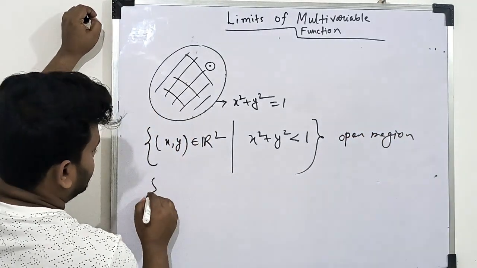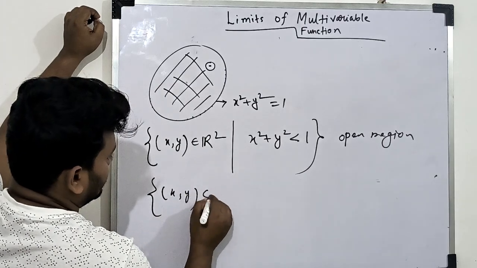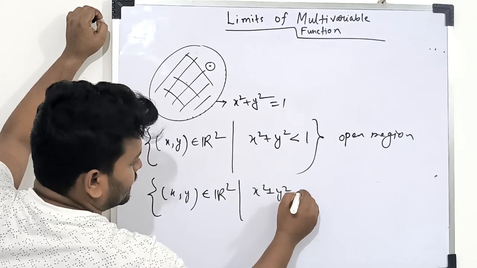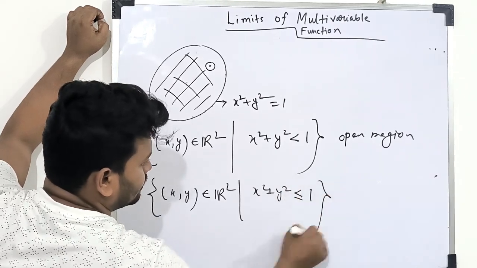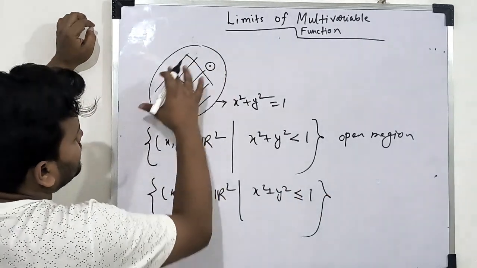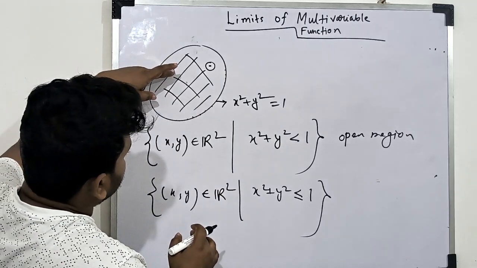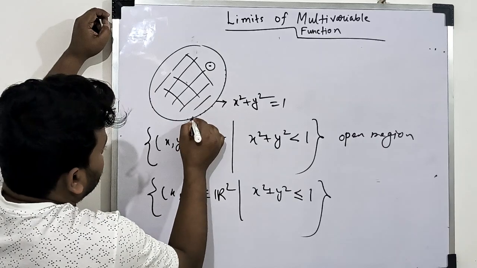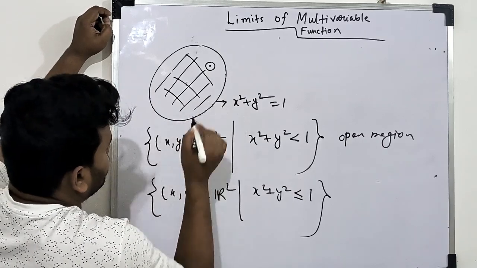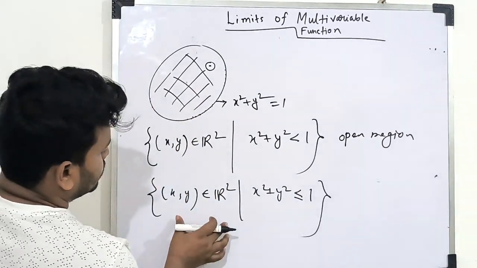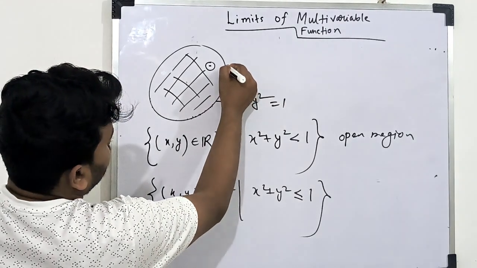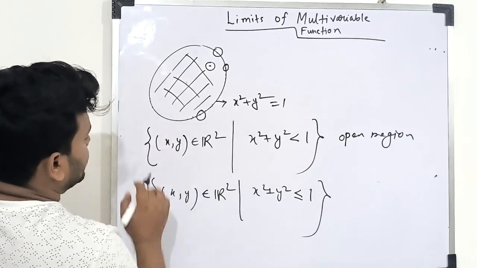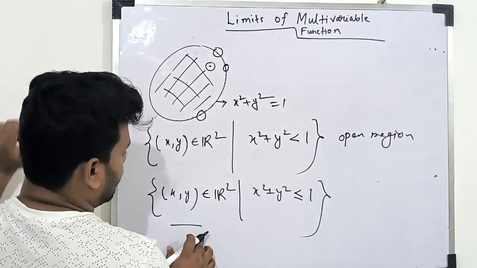If we choose this set as (x, y) from R2 such that x squared plus y squared is less than or equal to 1, that is all points within this circle and those points which are on the circle, then the points on this line are all boundary points. So this set contains all of its boundary points.